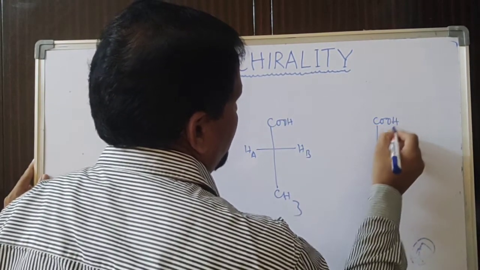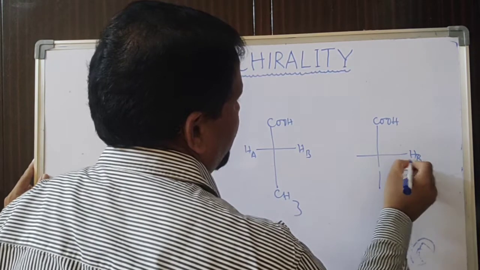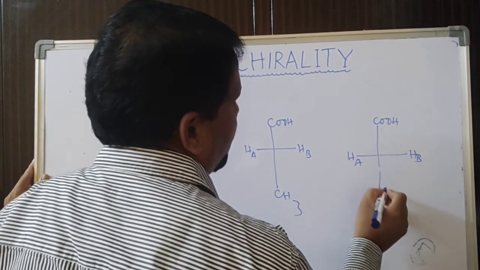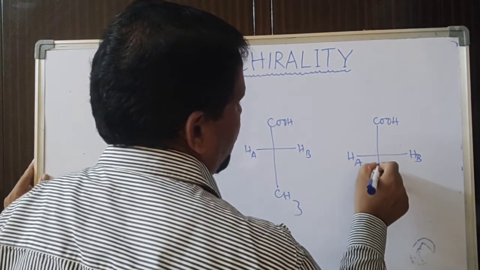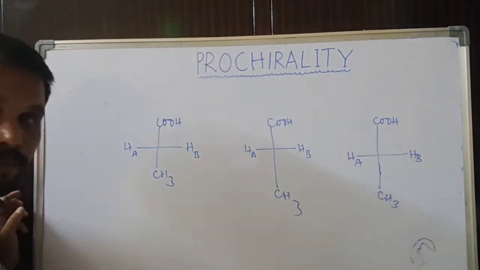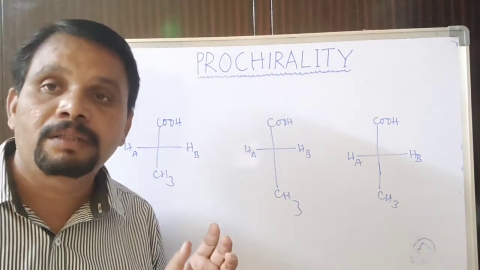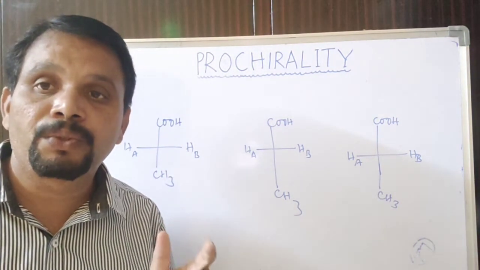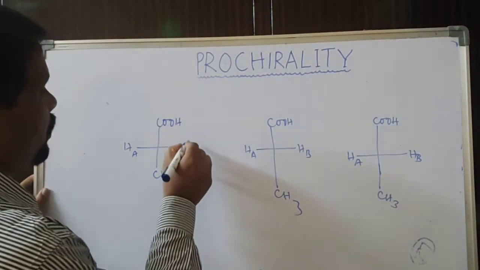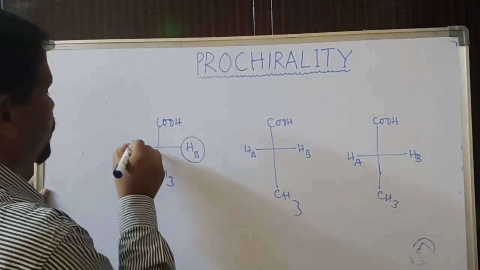COOH, HB, HA, CH3. So these two, HA and HB, are stereoheterotopic units, okay. These two are stereoheterotopic units.